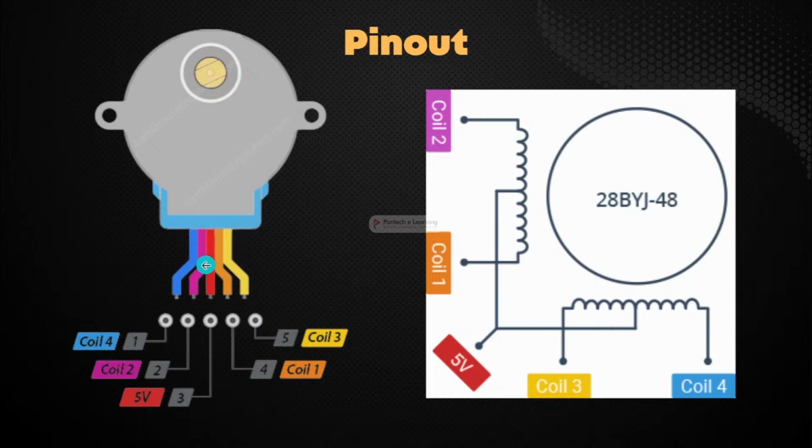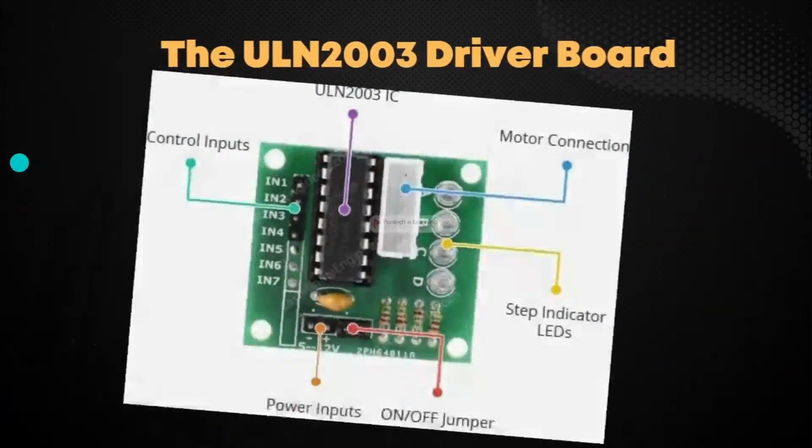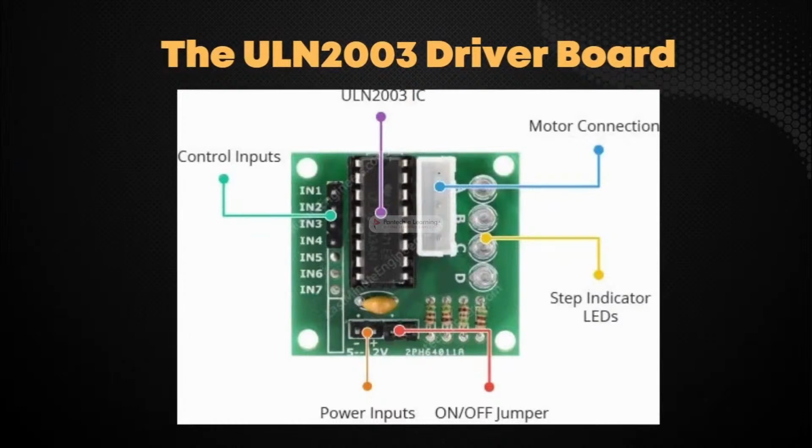The red wire is always pulled high. When the other lead is pulled low, the phase is energized. The stepper motor rotates only when the phases are energized in a logical sequence, which is known as a step sequence. Now let's talk about that particular driver, which is the ULN2003.